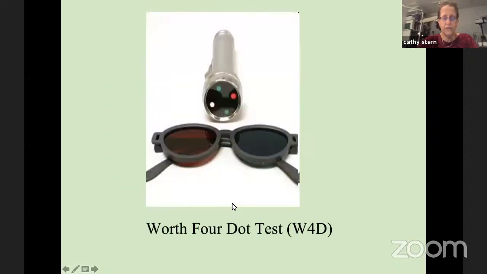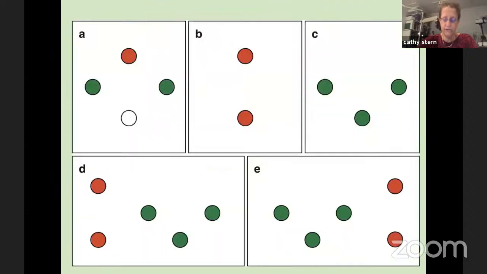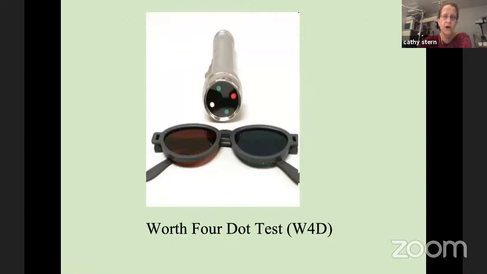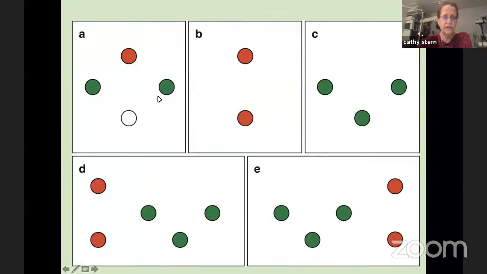In terms of the Worth 4-dot test, it's just these lenses used, this flashlight with the 4 dots, used with red-green glasses, and then here are some of the responses. This would be a normal response where the bottom dot would look either red or green, or some patients tell me it looks yellow because it's a combination of red and green.